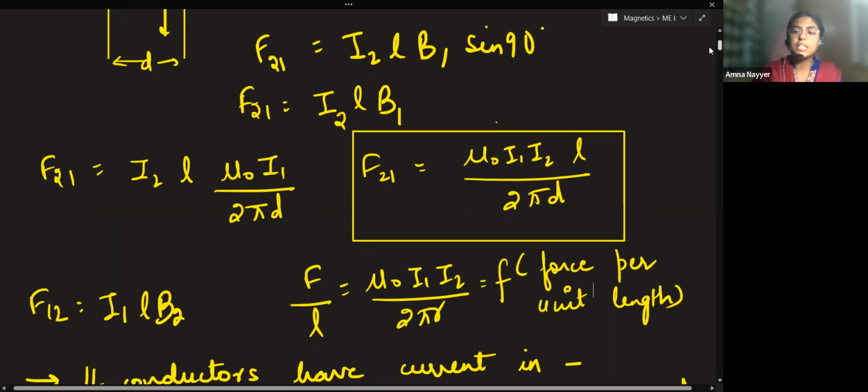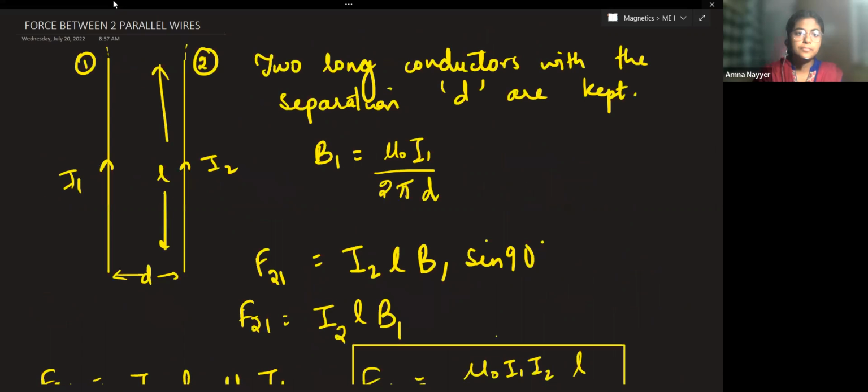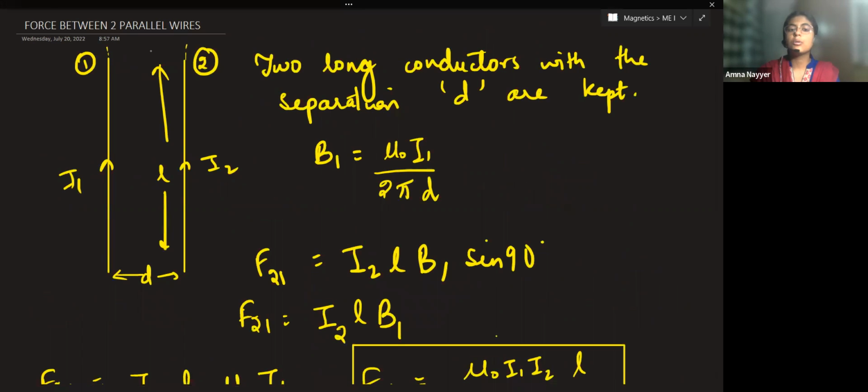Now see, if these two conductors have the same direction of current, like in this case, then since the direction is same, they will attract each other. Whenever the direction of current is the same in two parallel conductors, they attract each other.